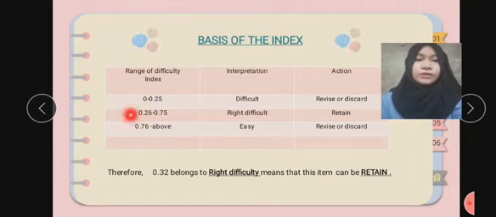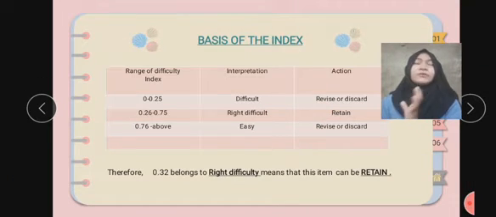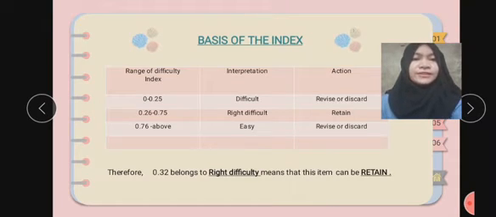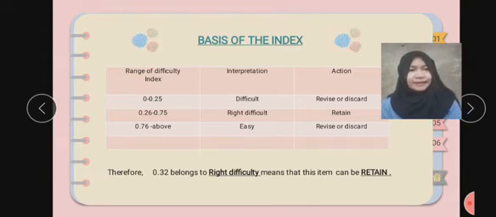Kung ang result mo naman ay 0.26 to 0.75 means right difficulty or retain. Retain means remain. Pwede mo pa siyang isama. And then 0.76 and above means the question is very easy, which is kailangan i-revise or palitan.